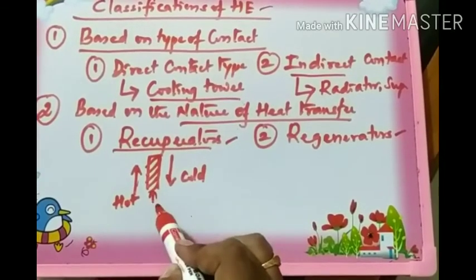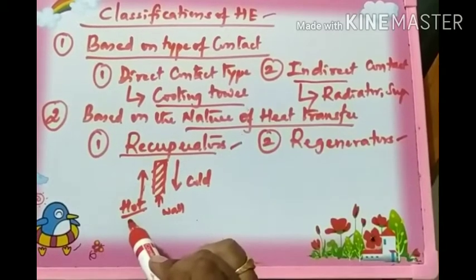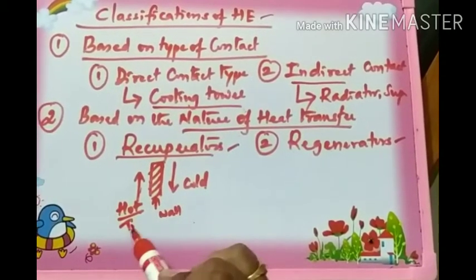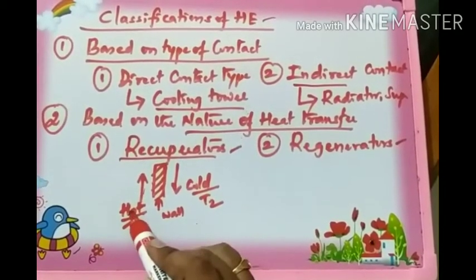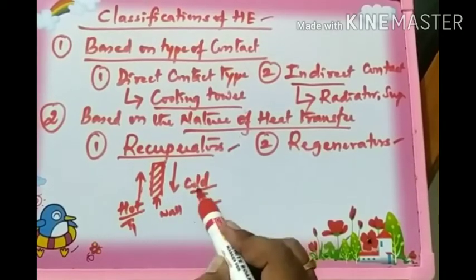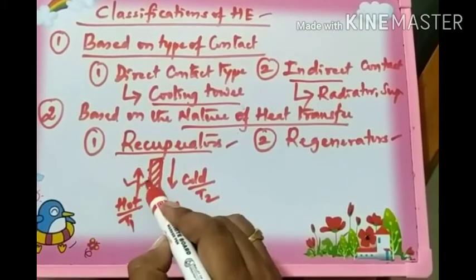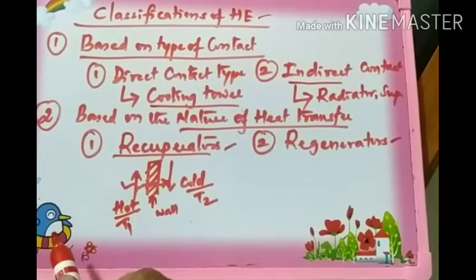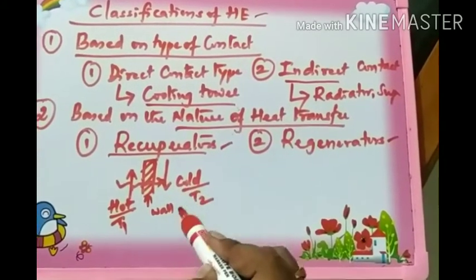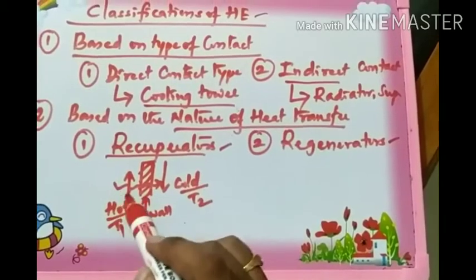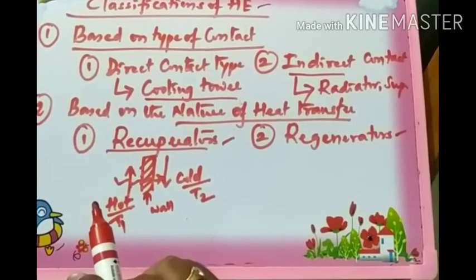So this is a wall. Because the hot fluid is at a higher temperature T1 and the cold fluid is at temperature T2, because of their temperature gradient, heat transfer occurs across this wall. So heat flows like this across the wall from the hot fluid to the cold fluid. Such type of units are called recuperators.